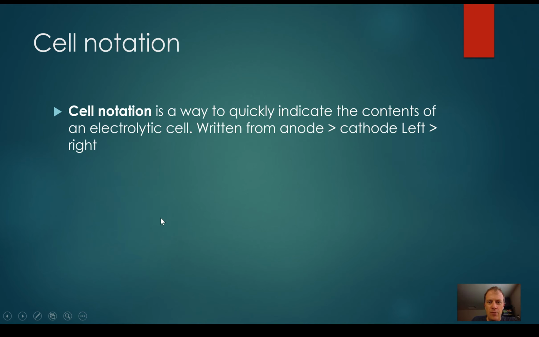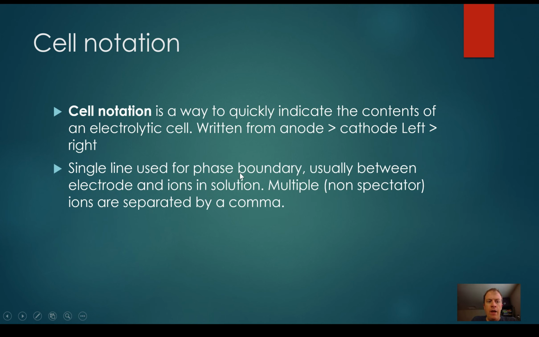One last thing I'm going to mention here. There is a shorthand way of diagramming what is in a cell and what it's constructed of. You write it from left to right, anode to cathode. A single line is used for things that are in a different phase, typically between the electrode and the ions in solution.